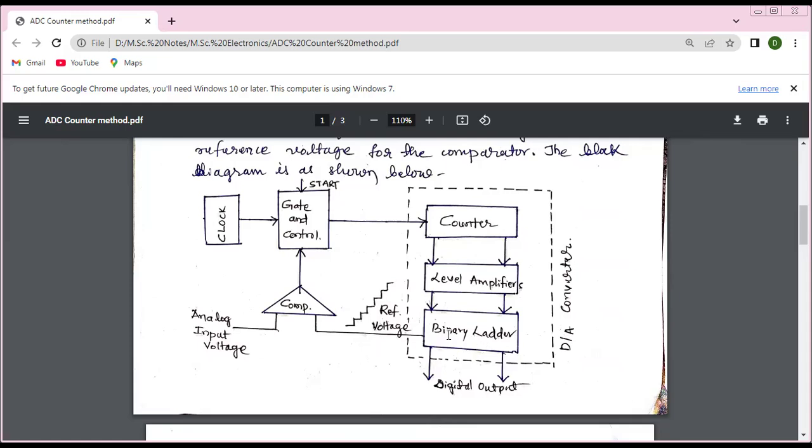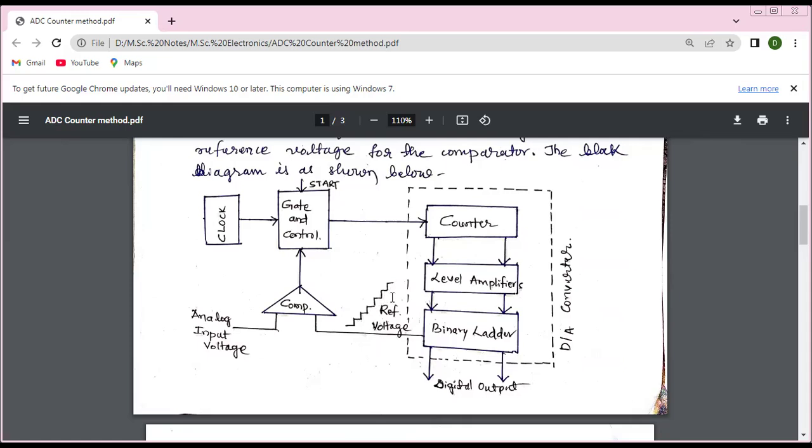And the output of this binary ladder digital to analog converter is the famous or familiar staircase voltage. It is called a staircase voltage as it increases step by step like this. That's what is called a staircase voltage.